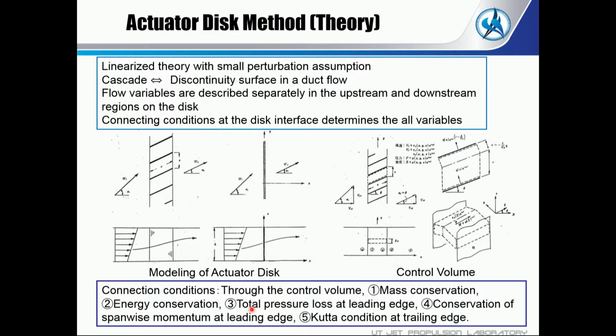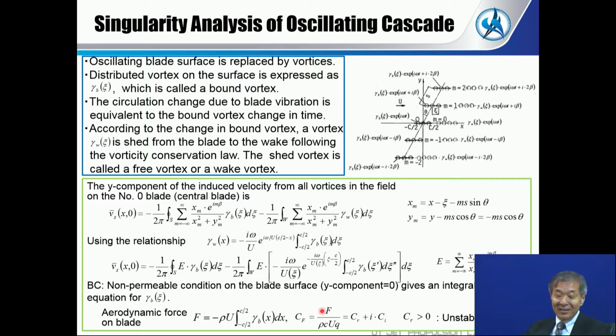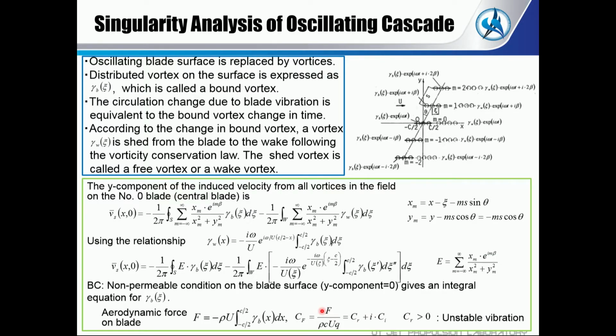But on the other hand, this method can be used for the stall case. Yes, we can use the stall case via total pressure loss data. This singularity analysis is very strict, correct, mathematical, but it cannot be used for the stall case, because the viscous effect must be eliminated.